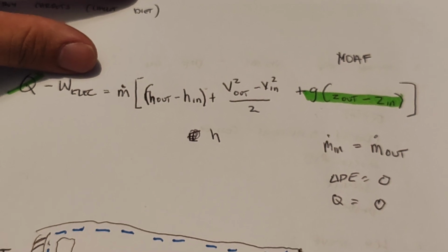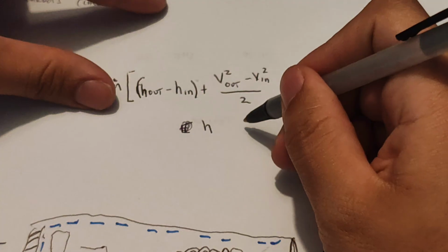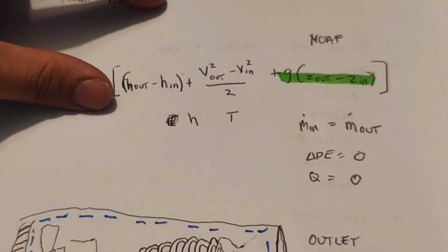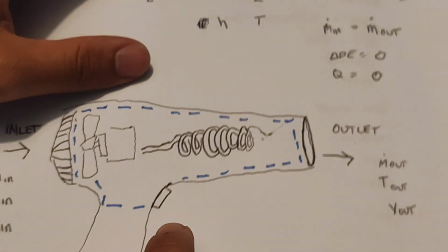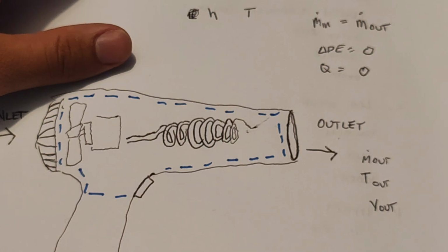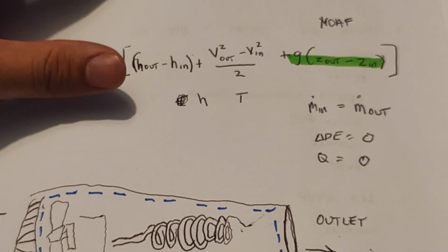Because the air is moving, it's not just about how hot it is. So we have the temperature. It's not only about how hot it is, it's also about the energy needed to push that air along this course of boundary. And what's needed to push the air?